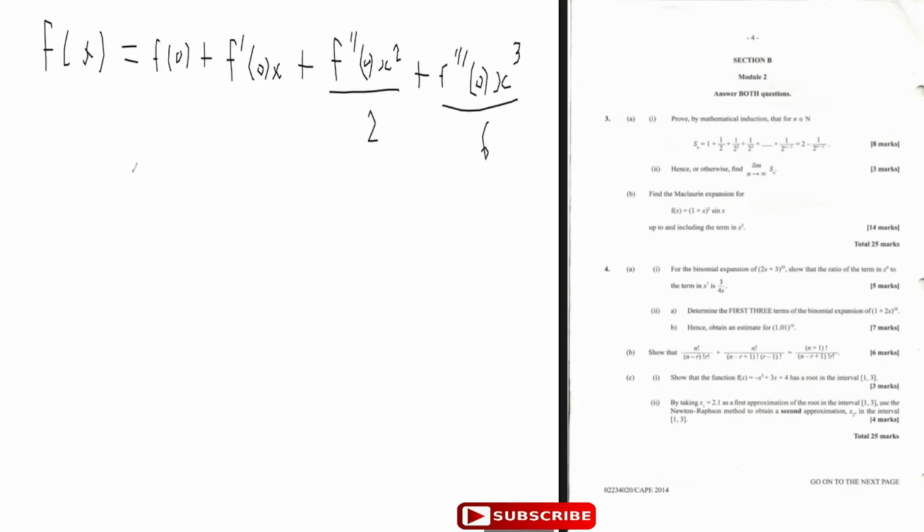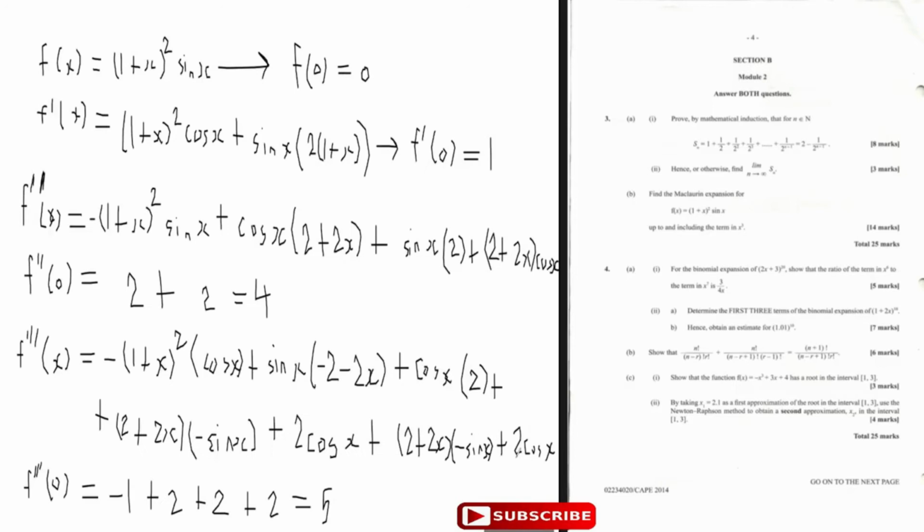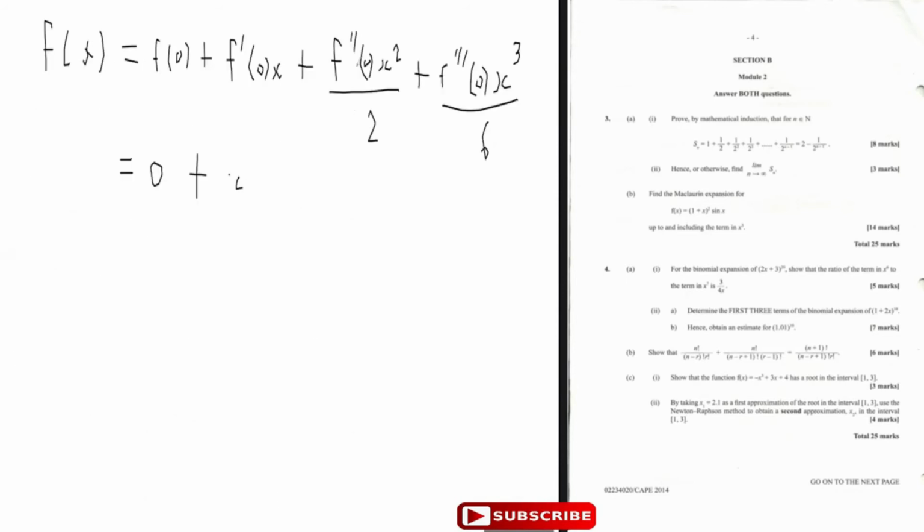Now we found f of 0 was 0, plus f prime of 0. What was f prime of 0? F prime of 0 was 1. So it works out to be plus 1 times x, which is x, plus f double prime of 0. F double prime was 4.